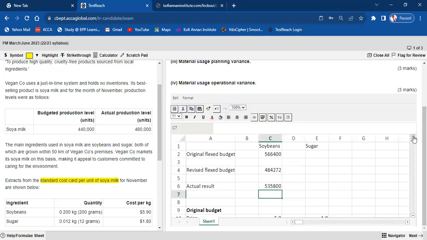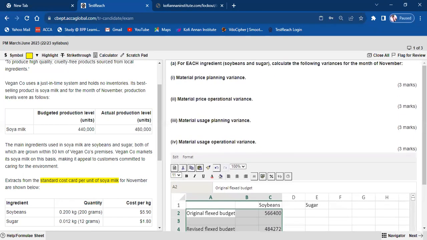At this point, I've set myself up to calculate the planning variance for soybeans, price and quantity, and then the operational variance for soybeans, price and quantity, to answer material price planning, material usage planning, then material price operational, and material usage operational.